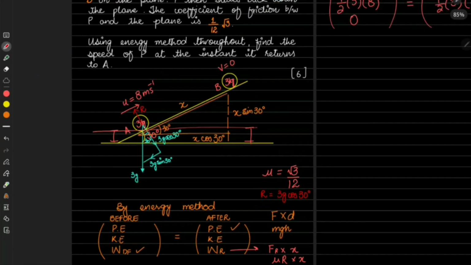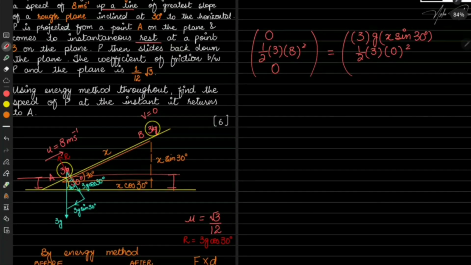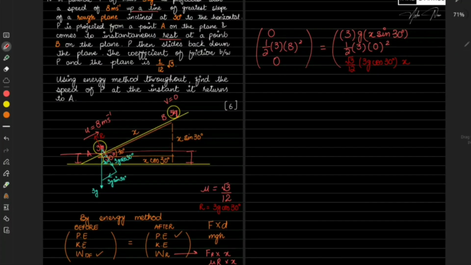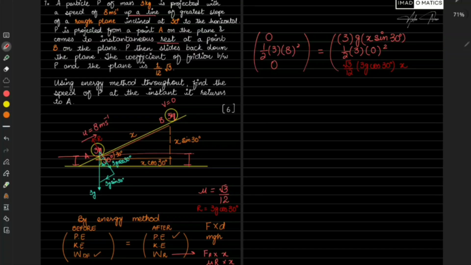So eventually your mu R becomes, mu is root 3 over 12, R is 3g cos 30, mu R times x. Yeah, so that's all.